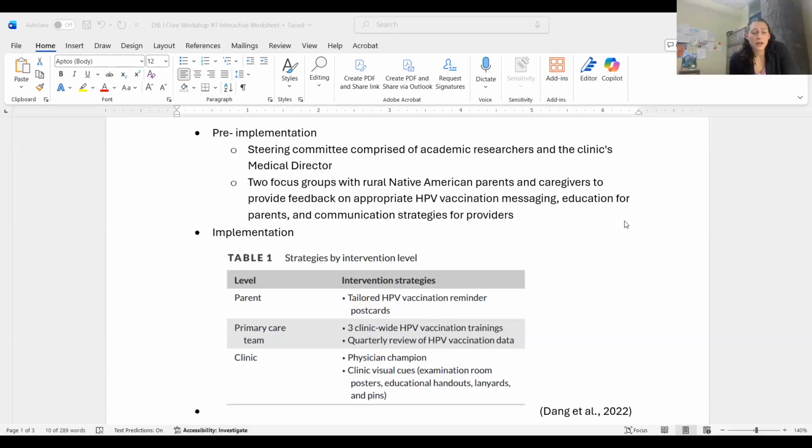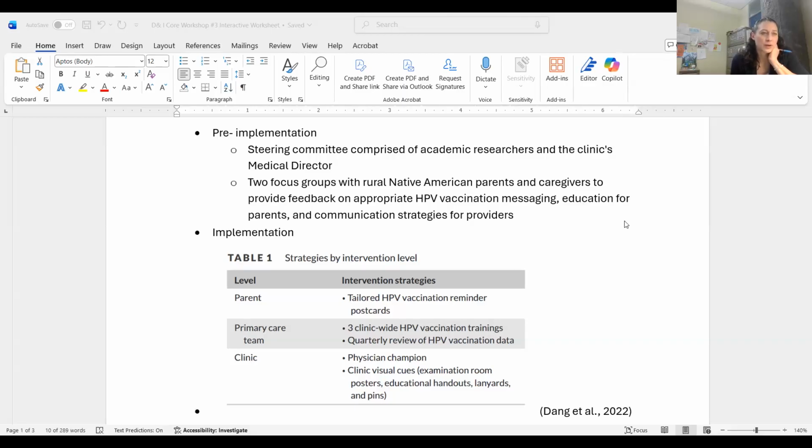Right. So yeah, no, absolutely. And I think that indicates maybe pre-implementation, we need to do some more engagement to understand the contextual factors and, like you said, the workflows and the provider perspective about the strategies to give them training and review data. Do they think that's going to help?